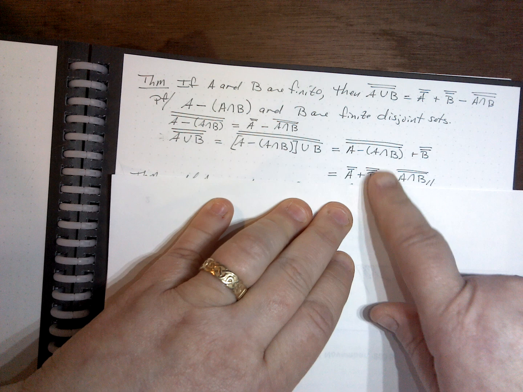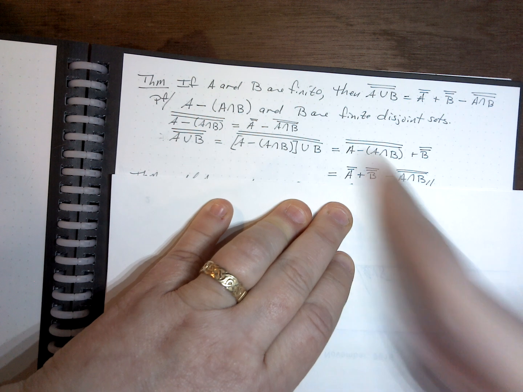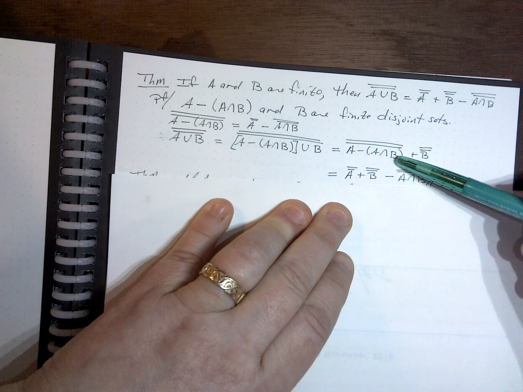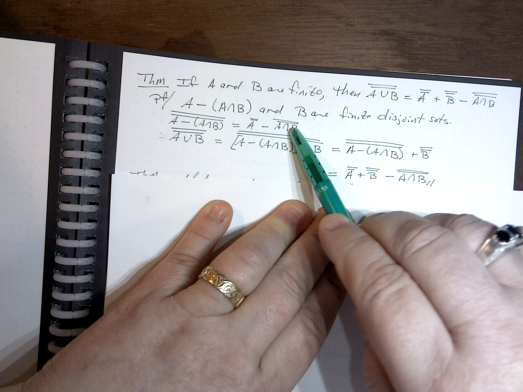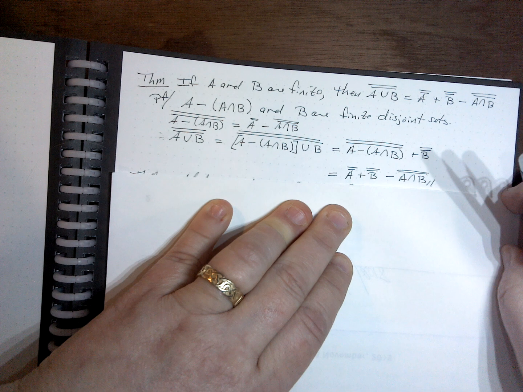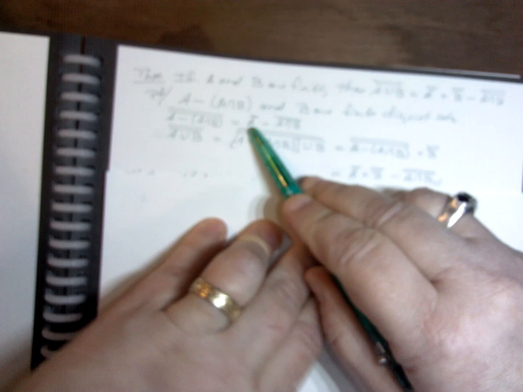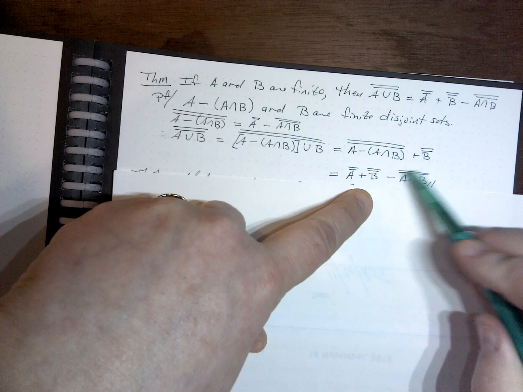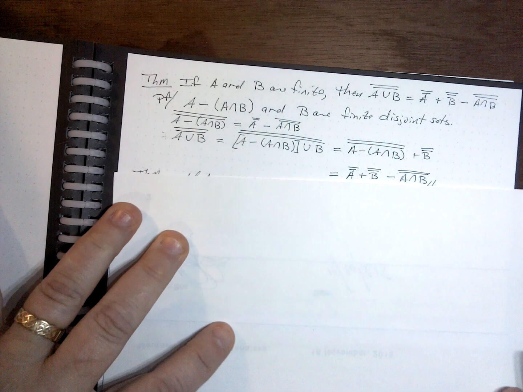I'm getting tongue-tied. So this guy, I said, was equal to this thing. So if I replace that with that, and rearrange a little bit, I have A here, minus the intersection here, and I've got B here, which is what I'm trying to prove.